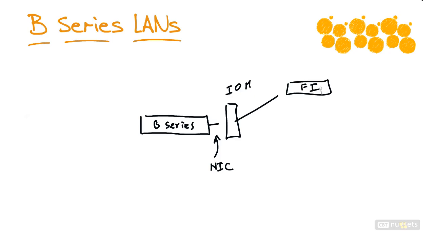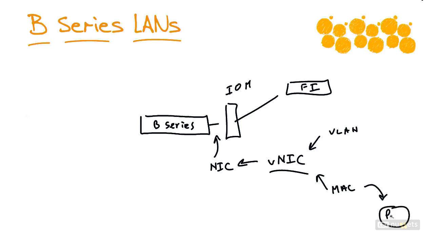Now, what's interesting is we say it's on the NIC, but really the VLAN assignment is not on the NIC, but on the virtual network interface card. Remember, we virtualize here. We assign the VLAN to this virtual NIC, just like we assign a MAC address to this virtual NIC. Oftentimes, we're pulling the MAC address out of a pool of MAC addresses that are available.